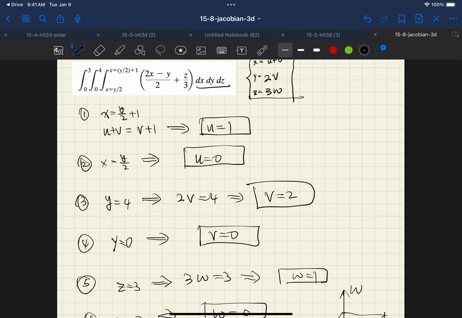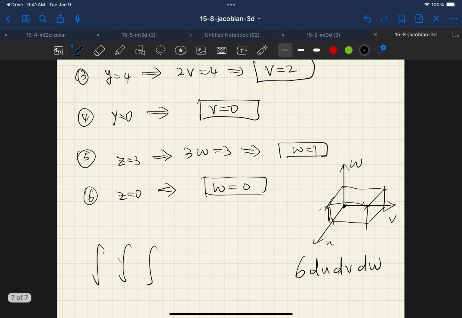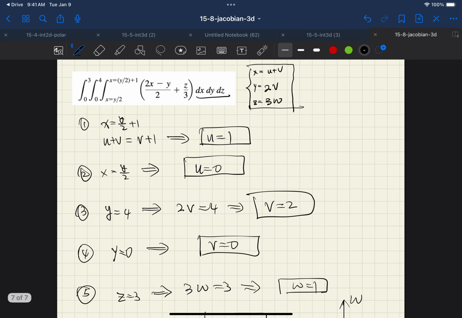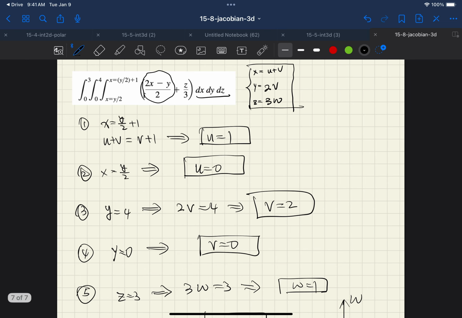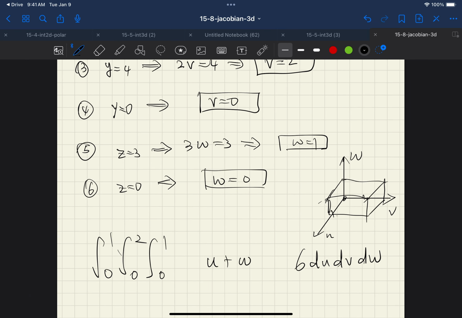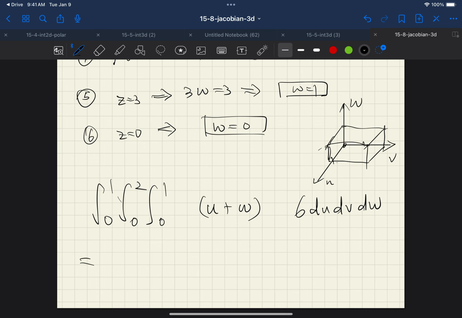The u part is 0 to 1, the v part is 0 to 2, and the w part is 0 to 1. And from here we can get x as u, and z over 3 is w, so this is u plus w. If we calculate this, I'm not going to repeat the calculation, but I believe it will be 12. So I will leave the actual calculation for your own exercise, and we're going to stop here.